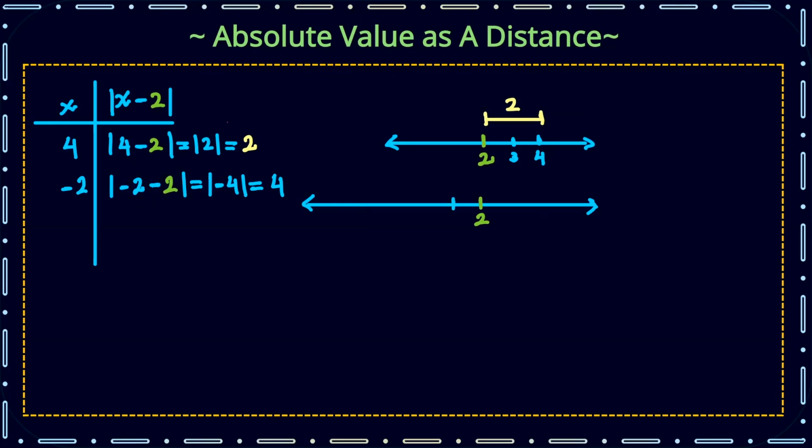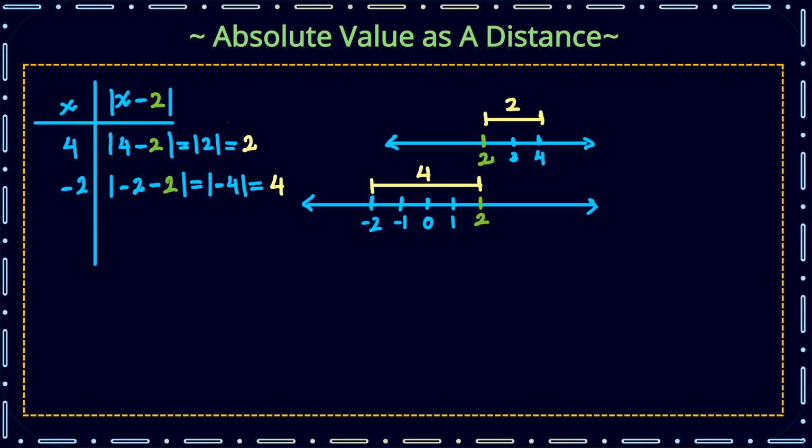That would be 1, 0, -1, -2. Okay, and then count how far away these two numbers are. We have a count of 1, 2, 3, 4 units. And that is consistent with the distance between -2 and 2. Absolute value of -2 minus 2.